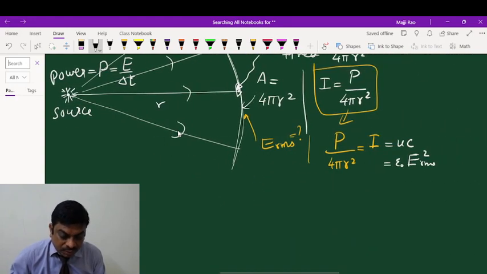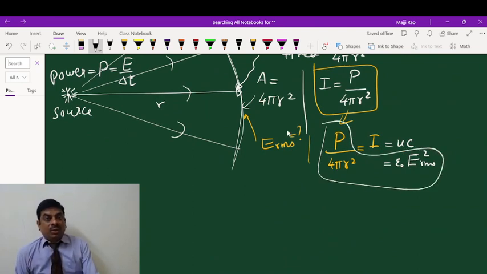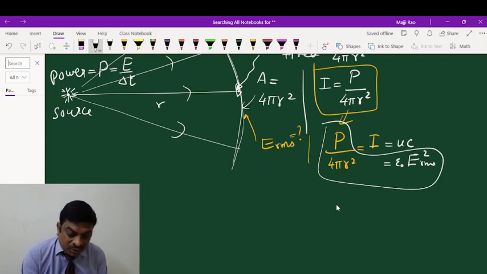So from here you can find E RMS. You can also find B RMS, because once you know E RMS, you can use the formula c is equal to E RMS upon B RMS.